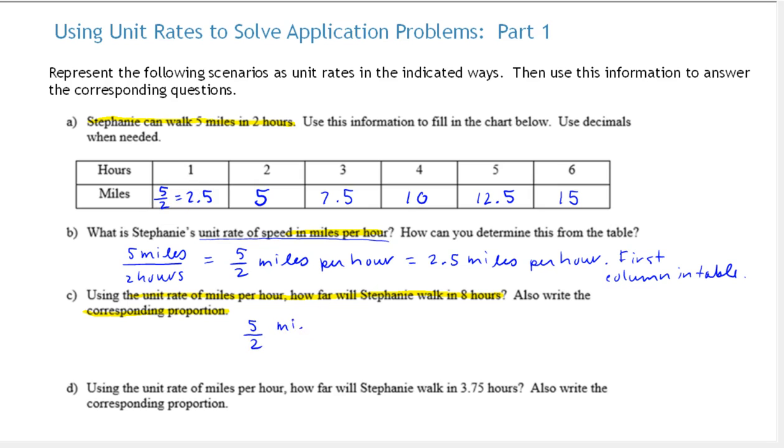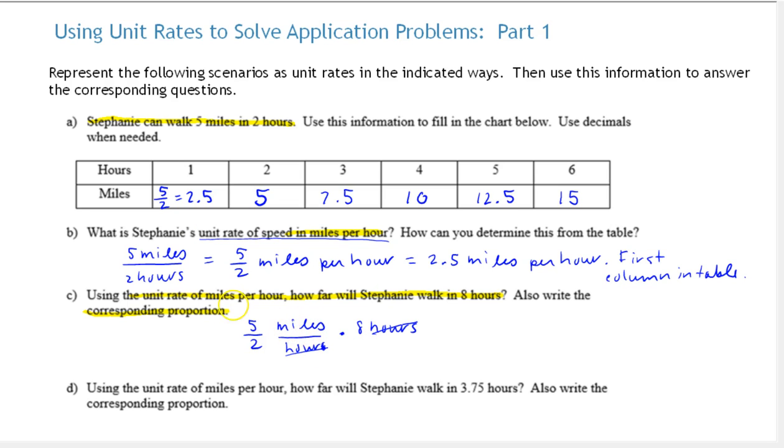So 5/2, and I'm going to put my units here, because it's miles per hour, we'll put per hour, times 8 hours. The reason I know that this is correct is because notice the hours line up and they're going to cancel, and I'll be left with miles.